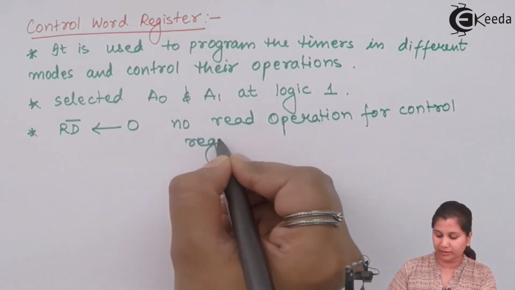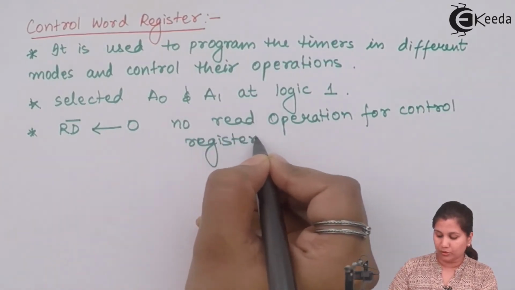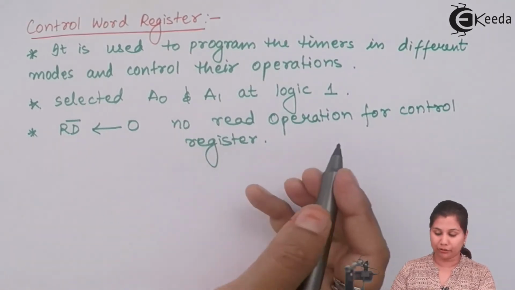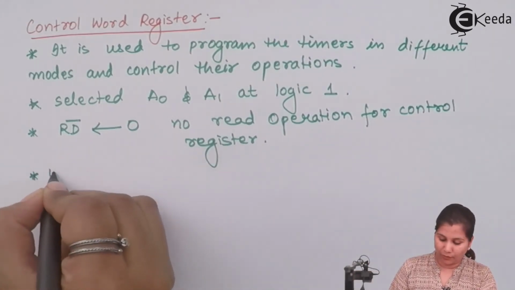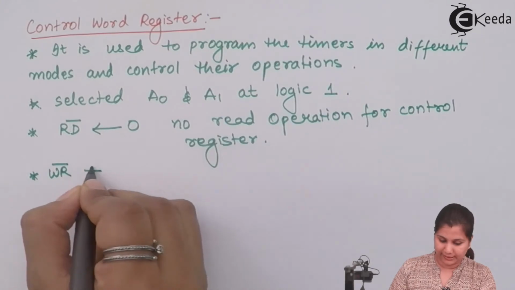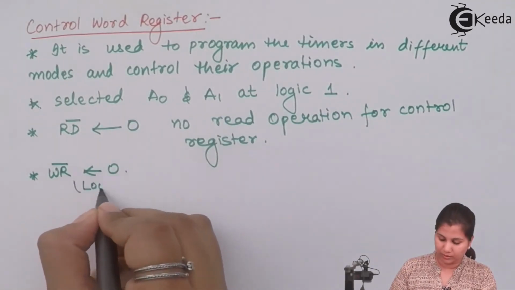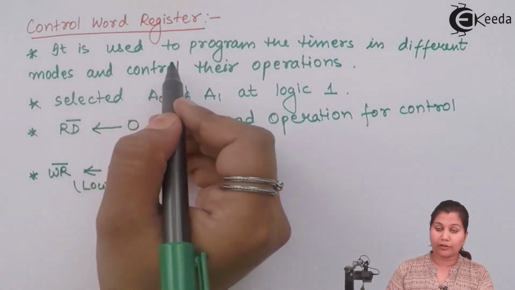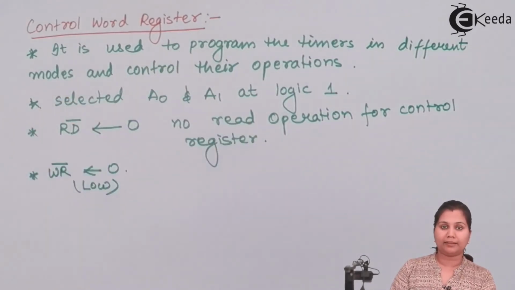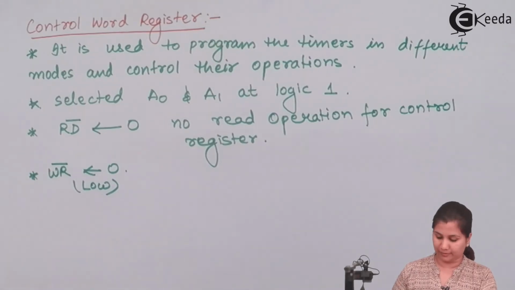We cannot read the control word, so this will have no effect on it. Now if the value of the write signal is 0, meaning it is low, then the control word which is provided by the microprocessor will be written into the control register.